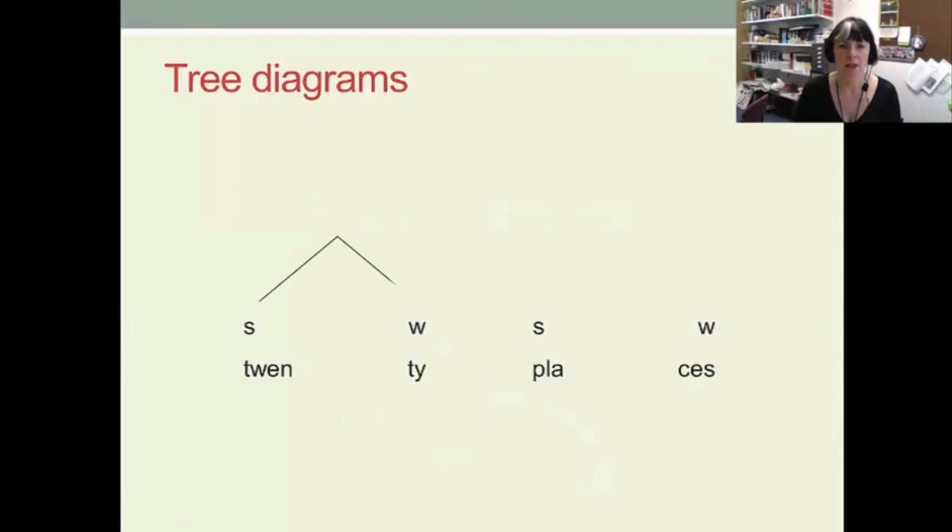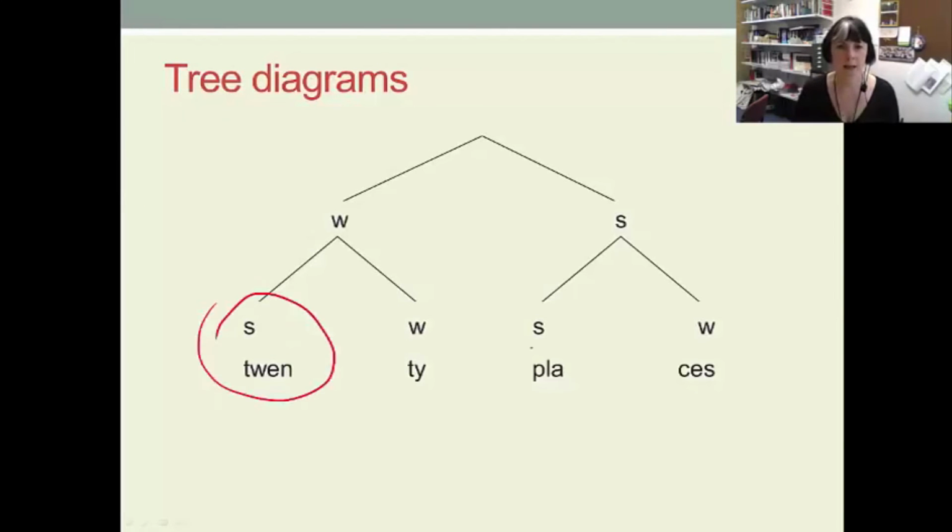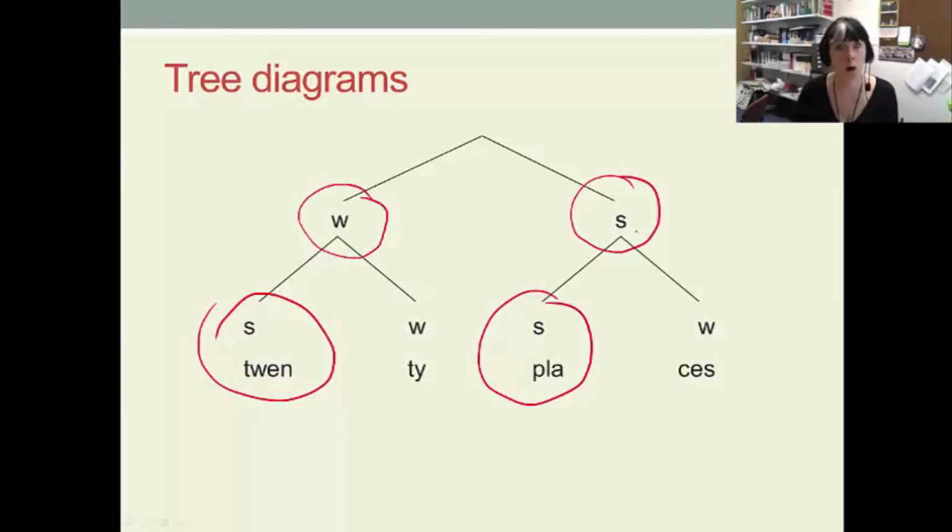If I have this in a phrase, so now I've got twenty places, we can see again that we've got a strong syllable here and another one there, and our other two syllables are weak. Also, we can see that we've got strong and weak indicated above as well. So the strong one is indicated over here and the weak one is indicated over there. Why is that?